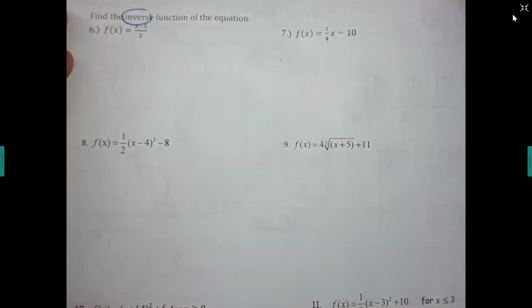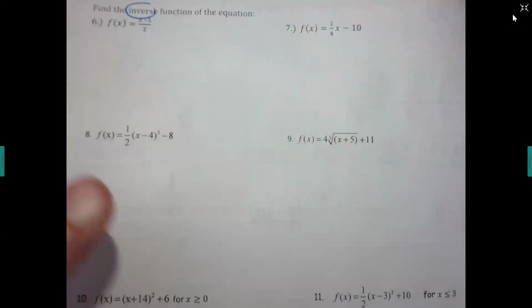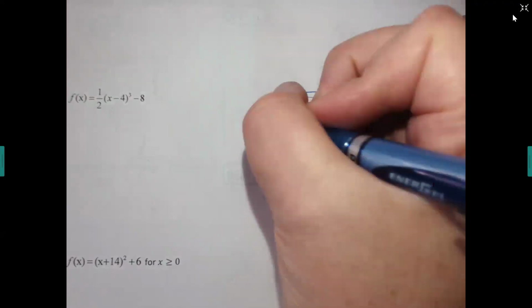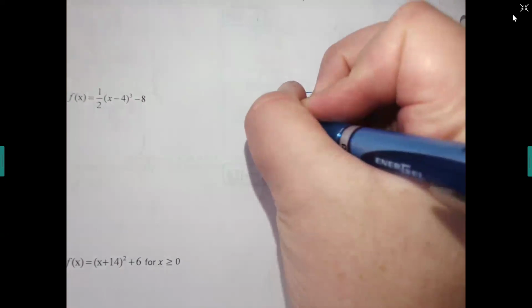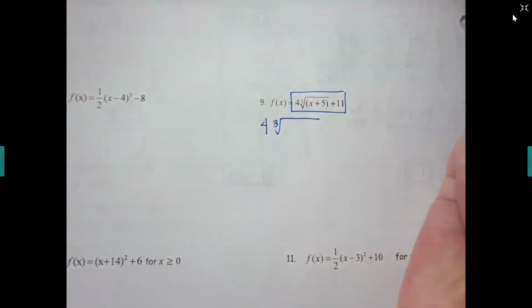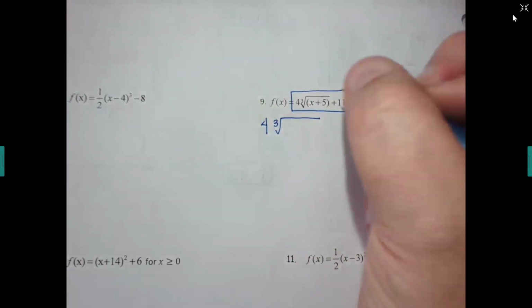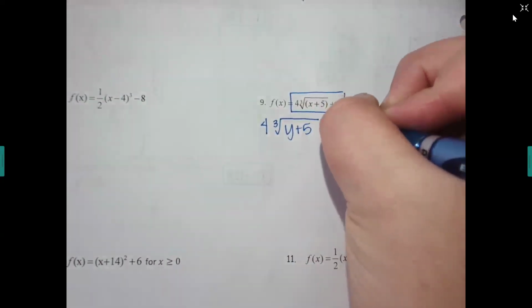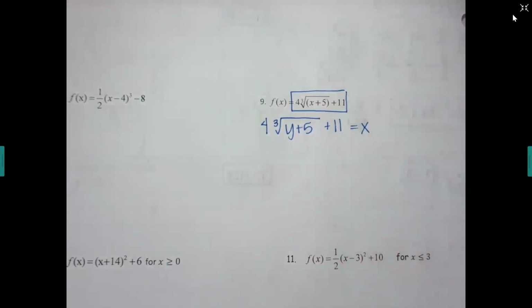For inverses, remember that you're gonna swap the x and the y, and then just get y by itself again. So for number 9, this is my equation. Where I see the x, I'm gonna change it to a y. So it's a 4 cubic root, and then it used to be an x plus 5, now it's a y plus 5, plus 11 equals x.